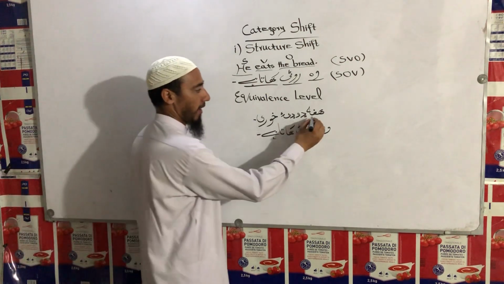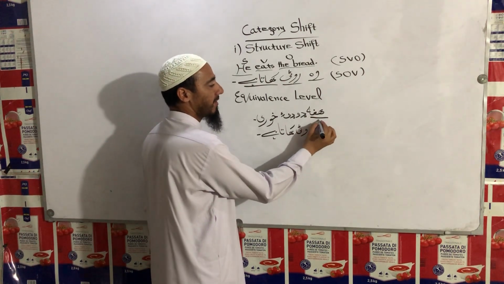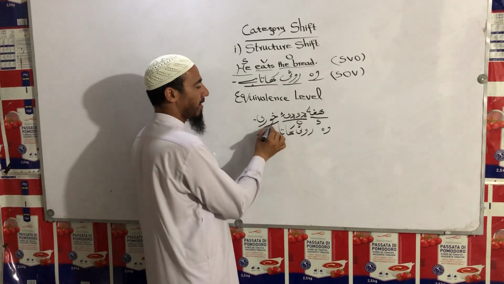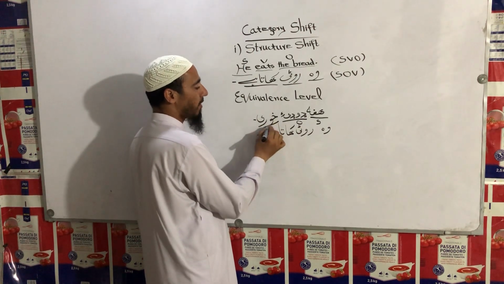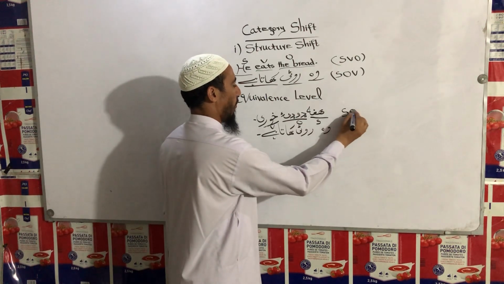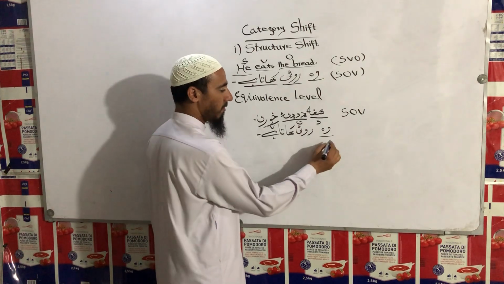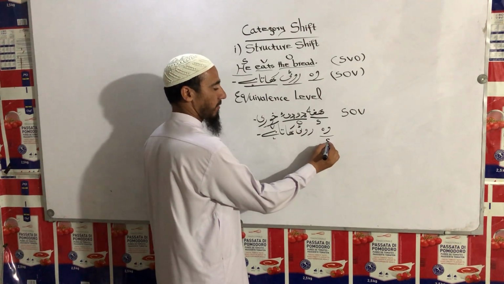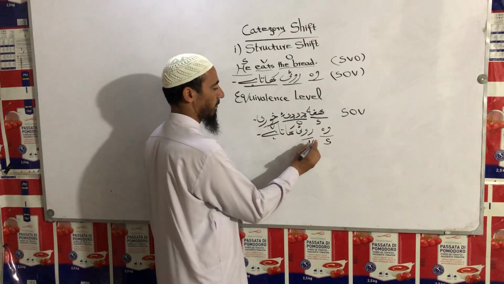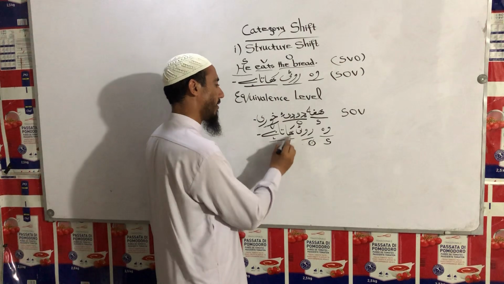For example, see, this is an example from the Pashto language. Haga, this is the subject. Todai, this is the object. Khuri, this is the verb. So the structure is S, O, and V. And when we're talking about the Urdu language, Woh, this is the subject, Roti, this is the object, and Khata hai, this is the verb.